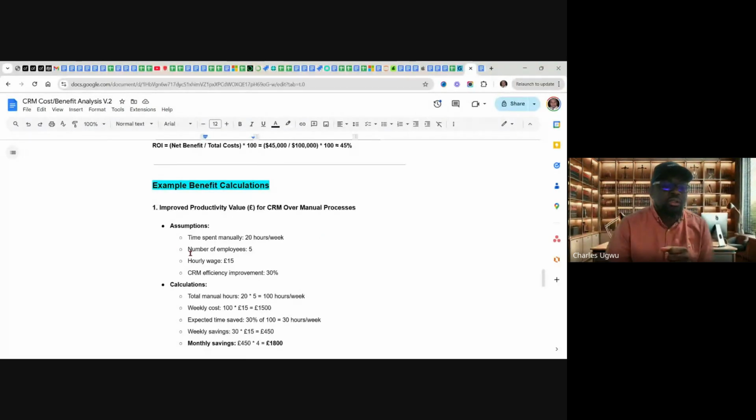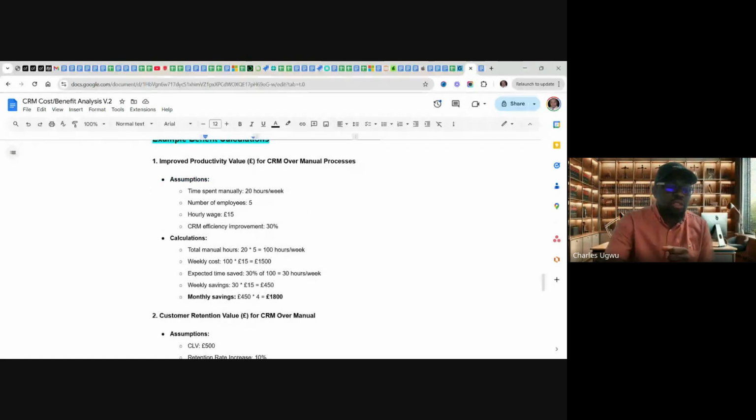Assumption here is time spent manually is 20 hours. Number of employees is five. Hourly wages is 15 pounds an hour, and the CRM efficiency improvement is 30%.